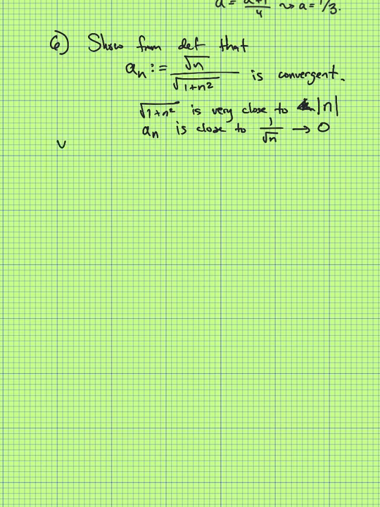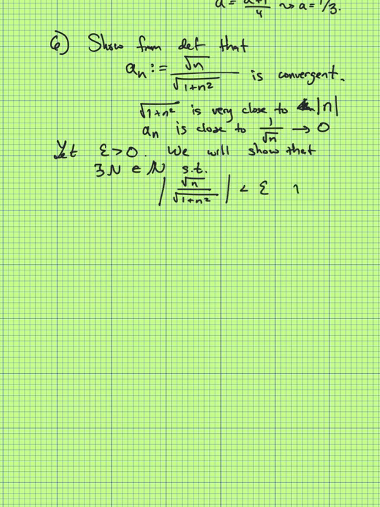Okay, so therefore what we should try to show, okay, so we will show that there exists some N in the naturals so that the absolute value of our terms in our sequence is less than epsilon for all n greater than or equal to N. Okay, so first we can get rid of the absolute value because this is just a positive number for all n.